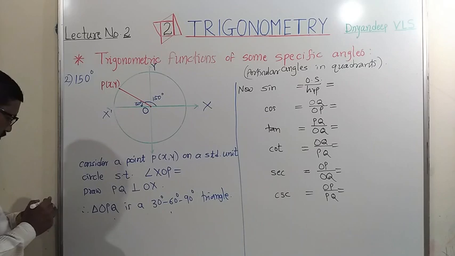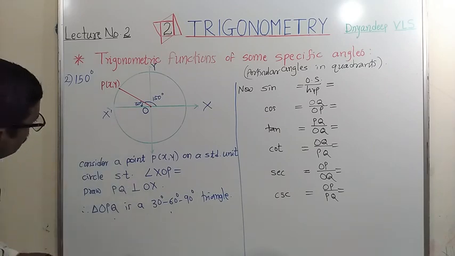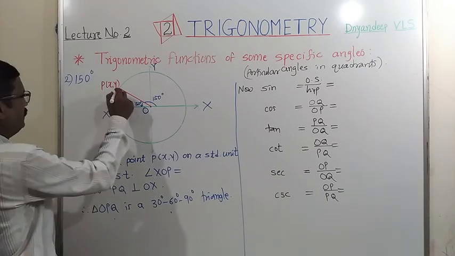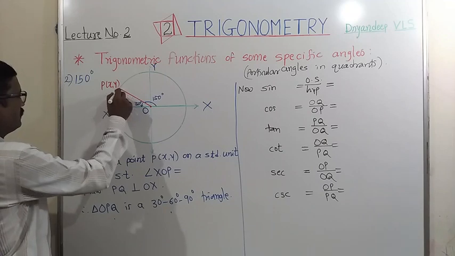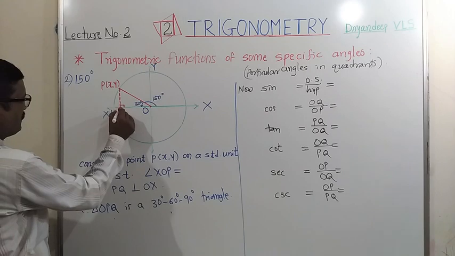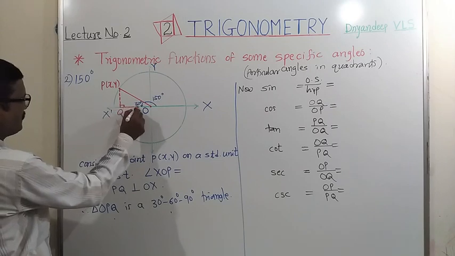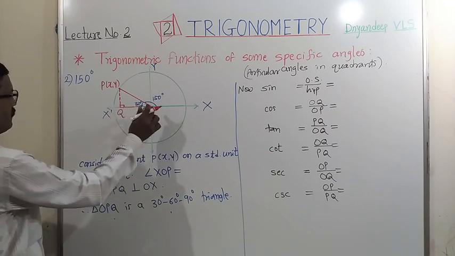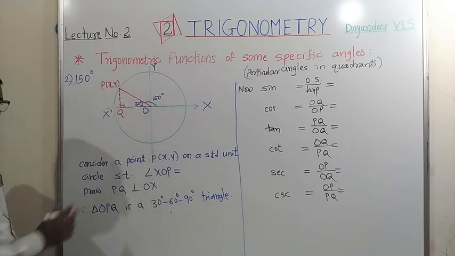To form a triangle, let us draw a perpendicular from point P on the x-axis at Q. So we get this triangle OPQ.